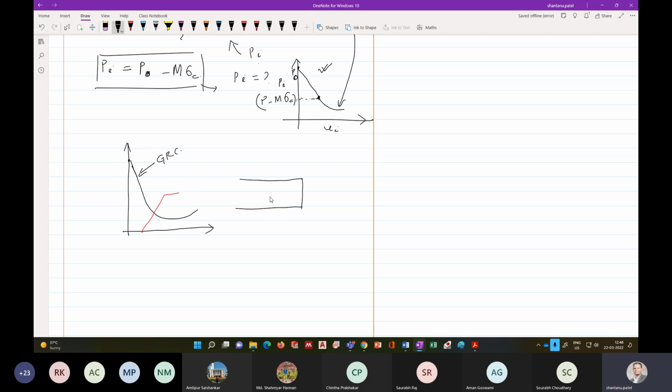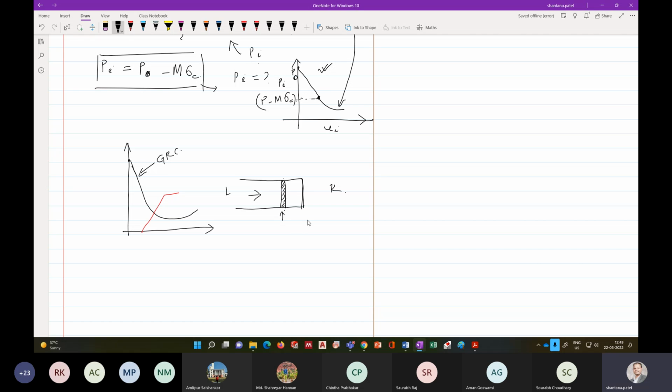Let's say this tunnel is getting excavated from left to right, and we provide, let's say, a stick. When the face is here, you put this stick, and it is just touching the ground and the roof.